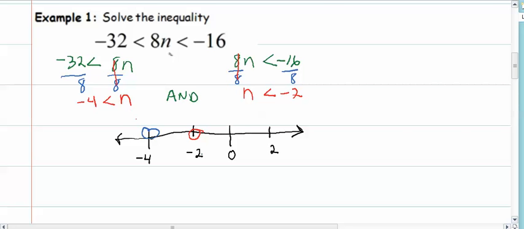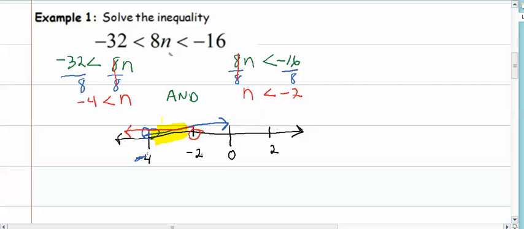The n is on the bigger side, so it's going to go towards the bigger numbers, so it's going to go this way. And for negative 2, the n is on the little side, so it's going to go that way. And so your answer is everything that's in the middle. It's a pretty bad graph, but you get the idea.